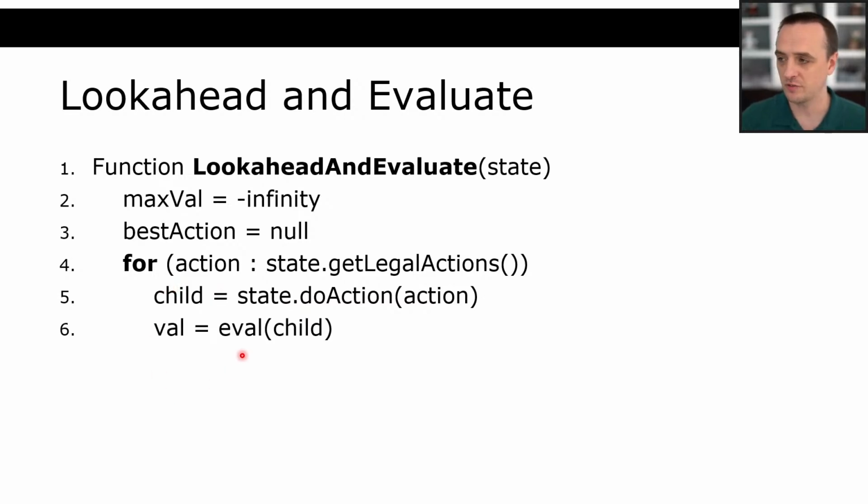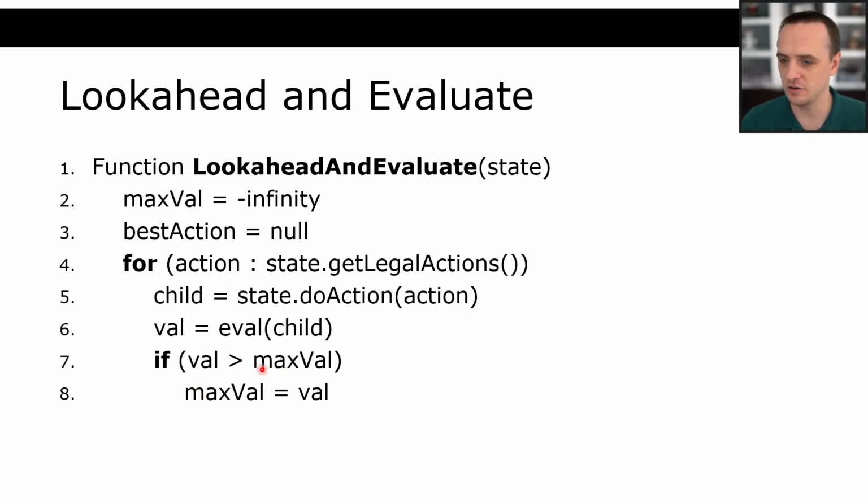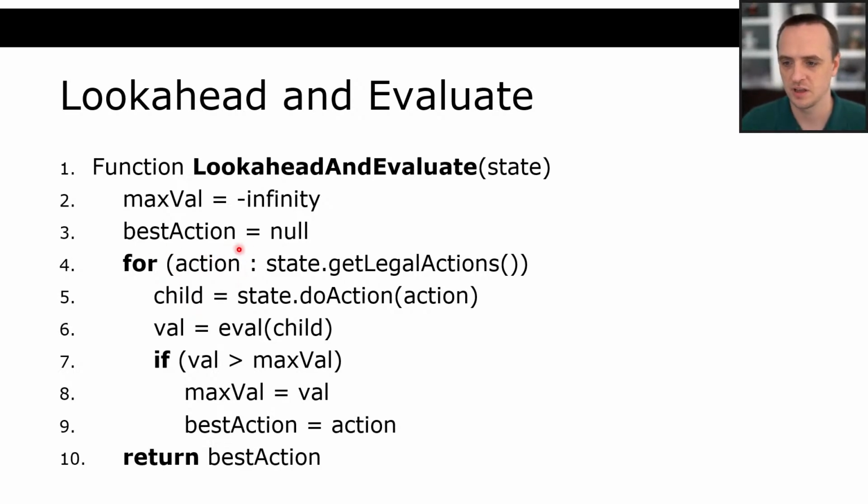Then I'm going to have some function which evaluates that child state and comes up with a value. So this might be 10, it might be 1,000,000, might be whatever. If that value is a new best value, then I'm going to record that new best value and mark this action as the best action that I've seen so far. And then we're going to evaluate the next action and the next action and the next action. And then I'm going to return the best action.